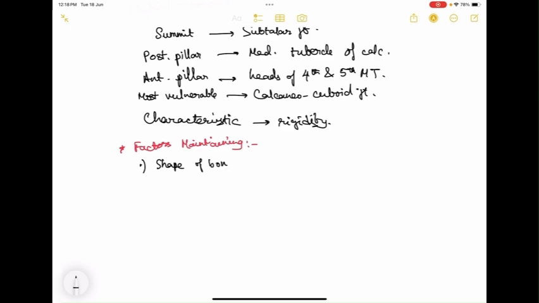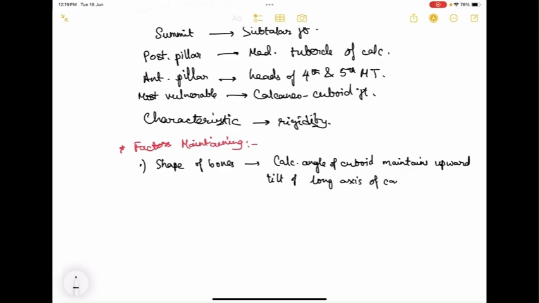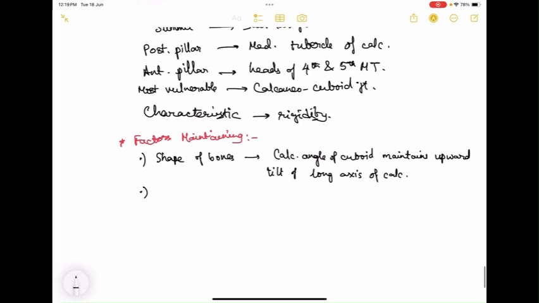Shape of bones: the calcanean angle of cuboid maintains the upward tilt of the long axis of calcaneus. This point is important. Intersegmental ties: long and short plantar ligaments.